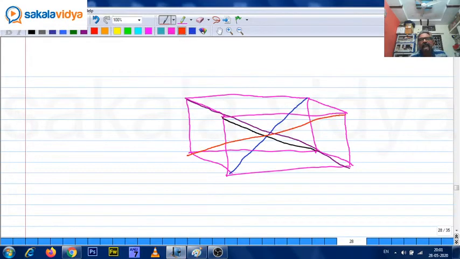Four diagonals. See, these diagonals cannot be parallel. Understood now? Cannot coincide. That's why the angle between these diagonals must be in between, 0 degrees less than theta, theta less than pi. That is the reason.